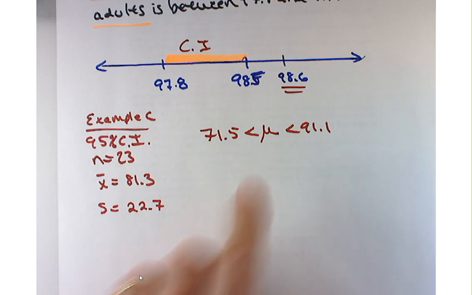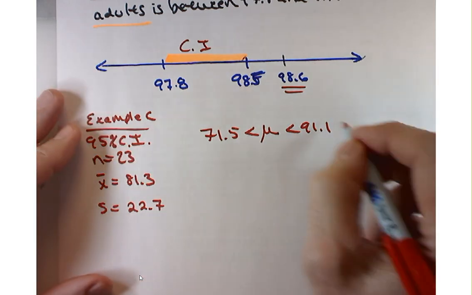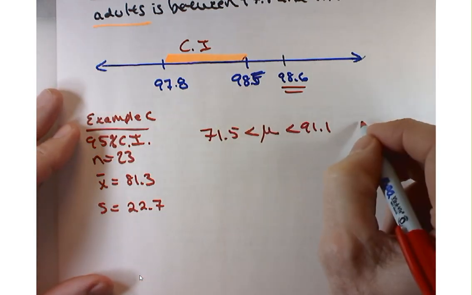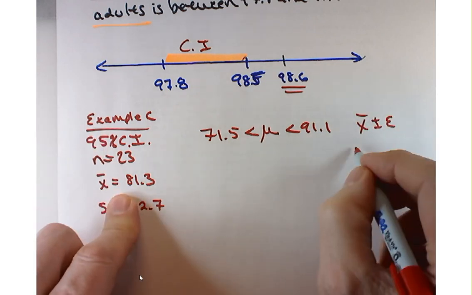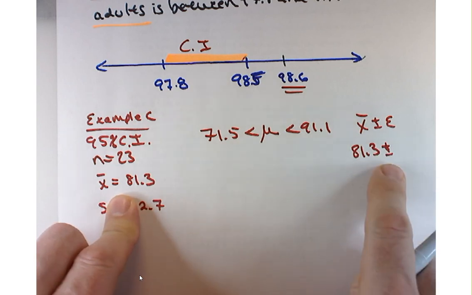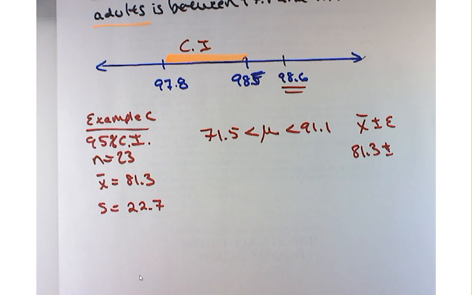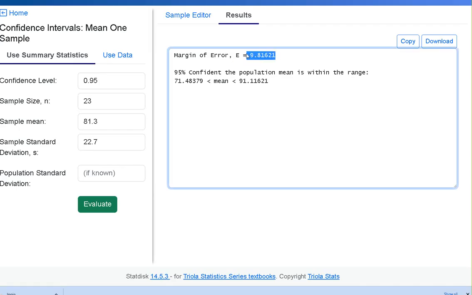Now, this is one way you can write your confidence interval. Another way would be this: you could do X bar plus or minus E. In our case, X bar was 81.3. Does anyone know where I can pick up E without doing too much work? Right above, right here. E is about 9.81.